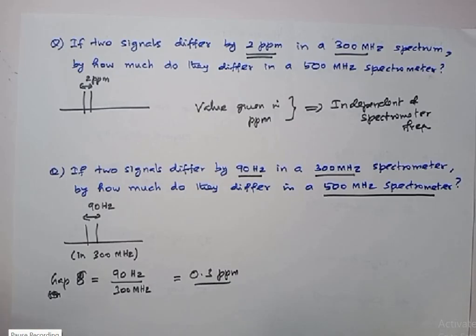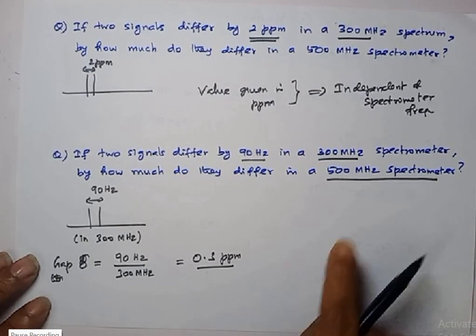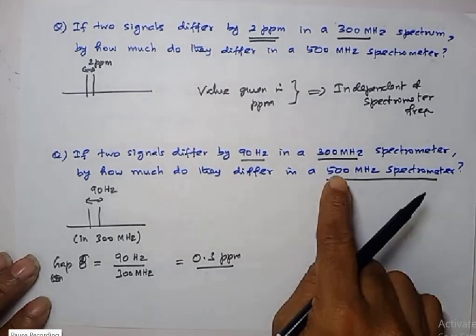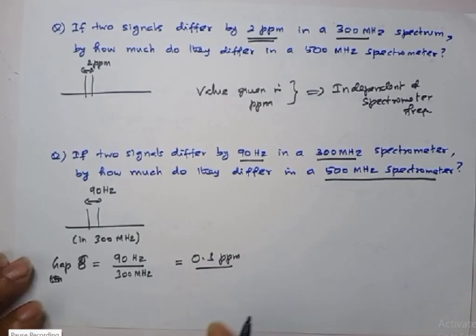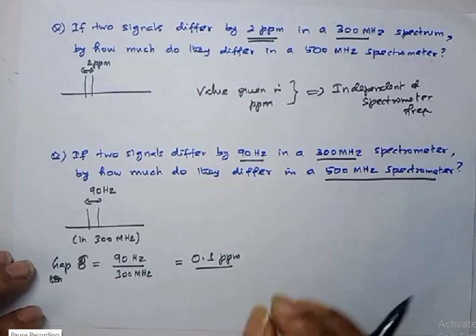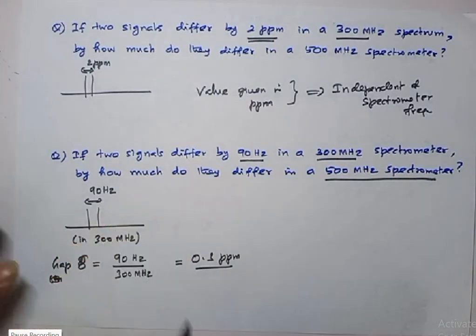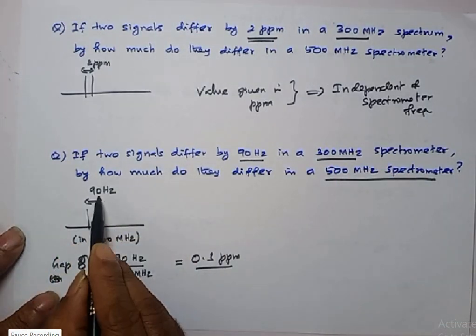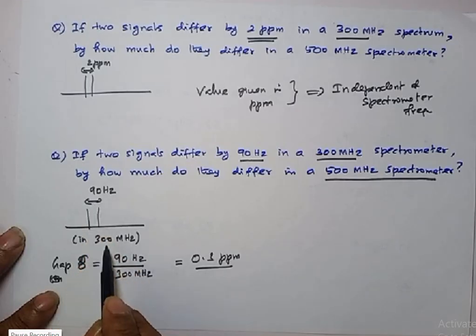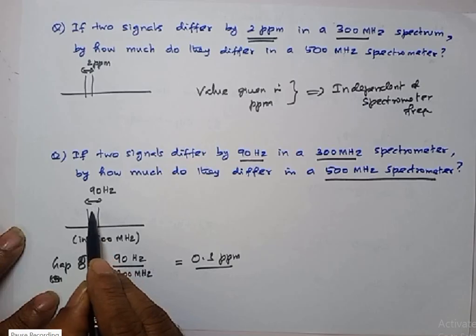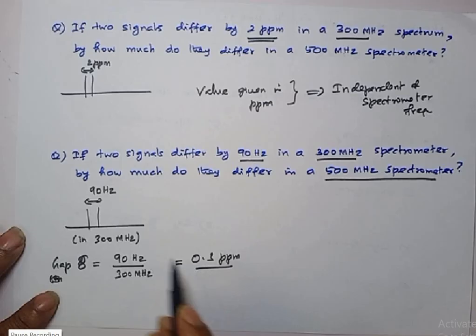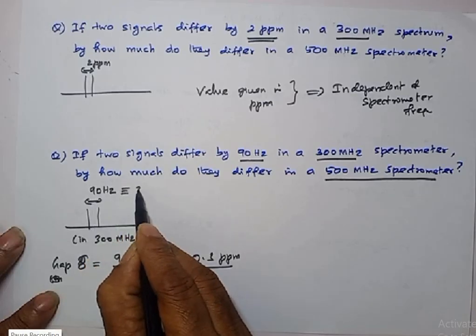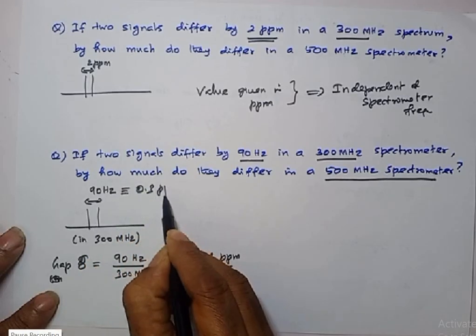Now, if I use 500 megahertz, what to do? Multiply this value with the spectrometer frequency, and you will get the frequency in the 500 megahertz spectrometer. Observe carefully. If the gap is 90 hertz in a 300 megahertz instrument, the value of the gap in ppm is 0.3 ppm. This 90 hertz is equal to 0.3 ppm.